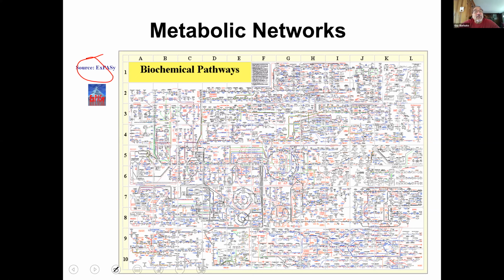And we'll talk about Expasy a little bit later on. It's a great place to go if you want to look at metabolic networks or any kind of genomic or bioinformatic processes. It's part of the European Molecular Biology Group, and they have done a great job in presenting some of these different pathway diagrams.